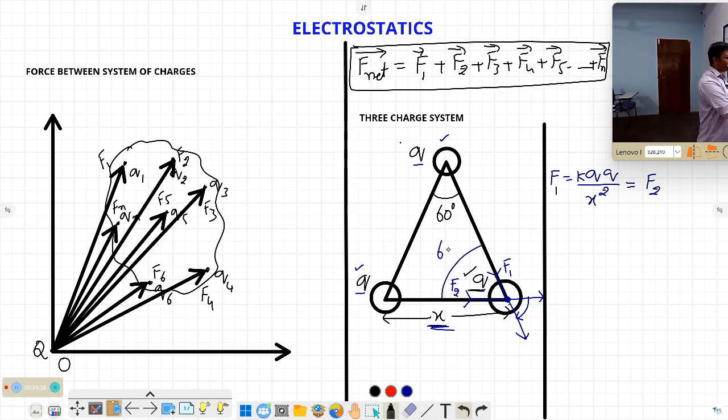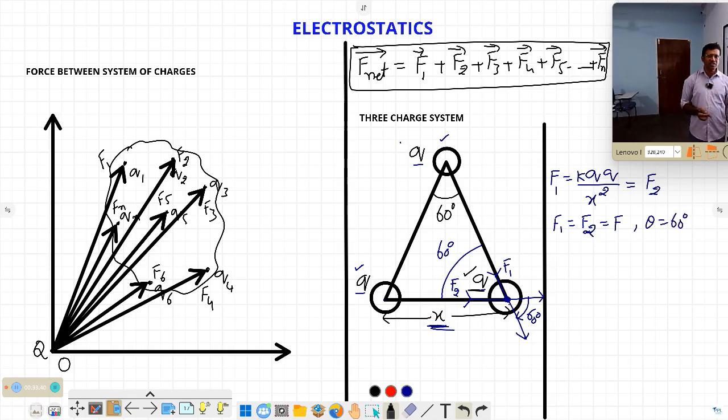Automatically the outside angle also becomes equal to 60, opposite angle, right? So these two forces F1 and F2 are separated by an angle of 60. Both magnitudes are the same, so I can write F1 equals F2 equals F, and the angle between them, theta, is equal to 60 degrees.